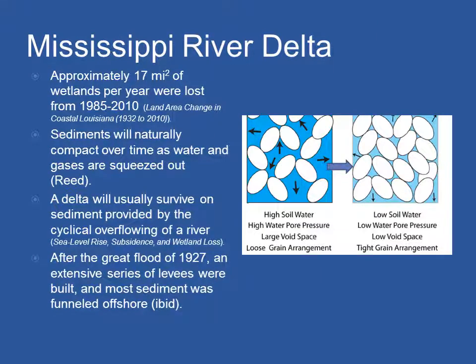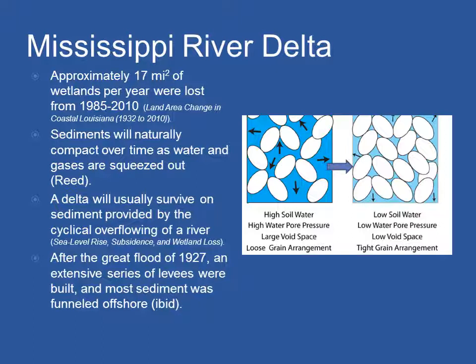The reason why the Mississippi River Delta is experiencing such high rates of relative sea level rise is because as global sea level rises, the delta is also subsiding. So as it moves down, global sea levels are also moving up. Because of this, approximately 17 square miles of wetlands per year were lost from 1985 to 2010.